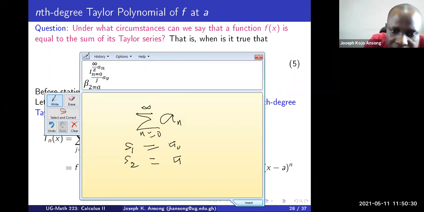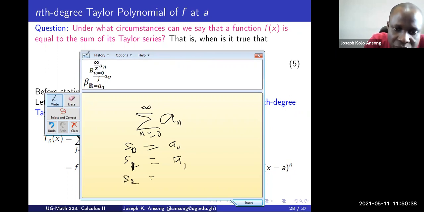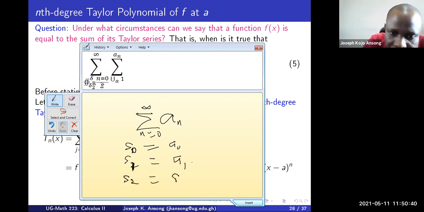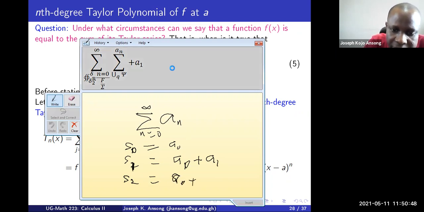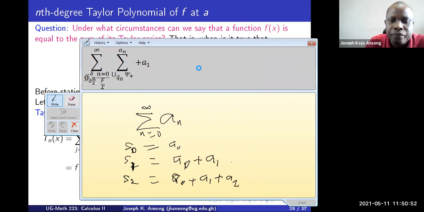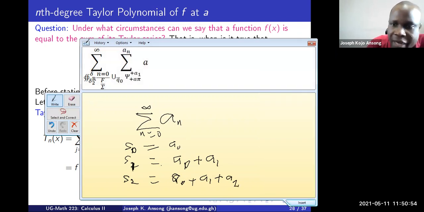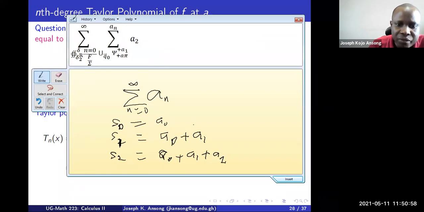And then S1 will just be a naught plus a1. Okay, so this is a sum. S2 will be a naught plus a1 plus a2. Okay, let's say I add these up to some n, up to n.